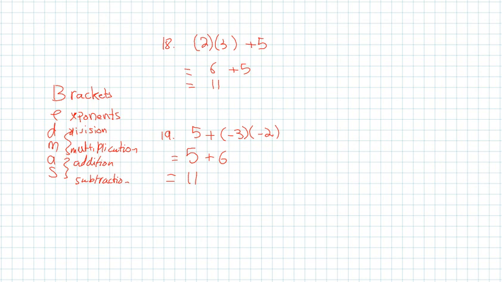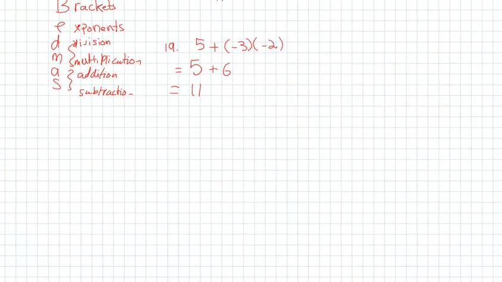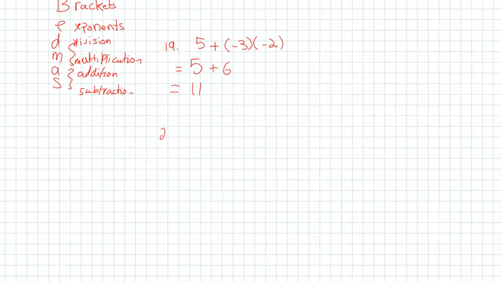Number 20. I have negative 4 times negative 5 plus. Okay. What do I have to do?